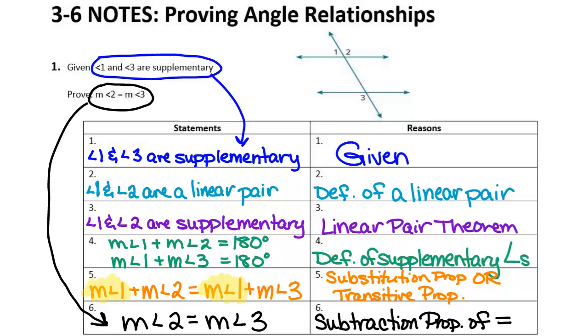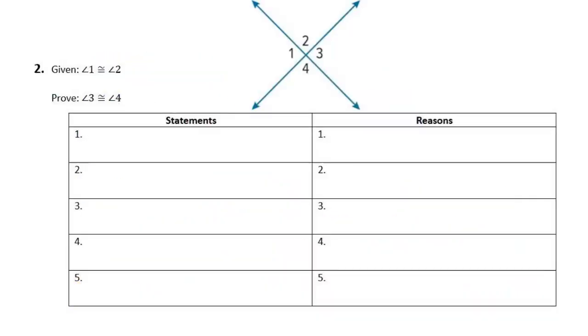Let's look at number 2. Try to work our way through that proof. Number 2, I've got this X shape with 4 labeled angles, angle 1, angle 2, angle 3, and angle 4. Then I have my given and what I'm trying to prove.